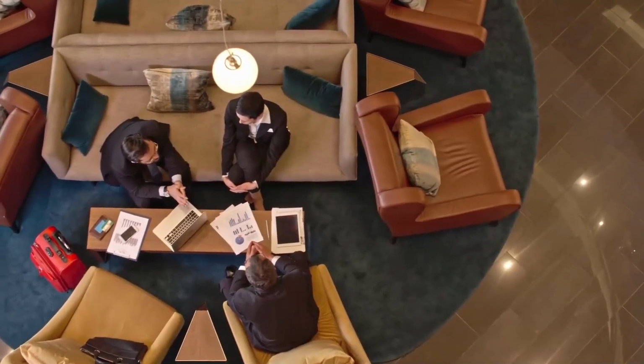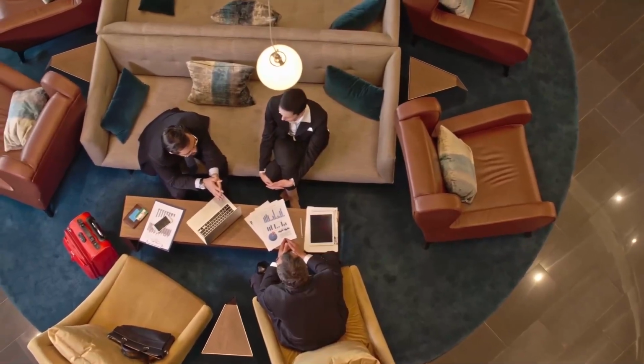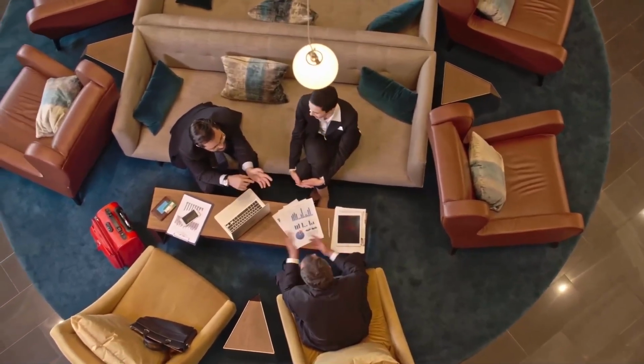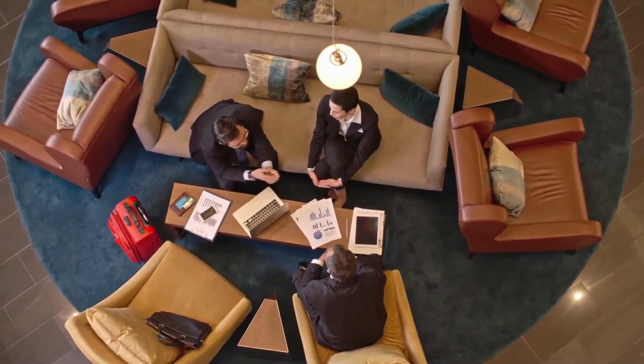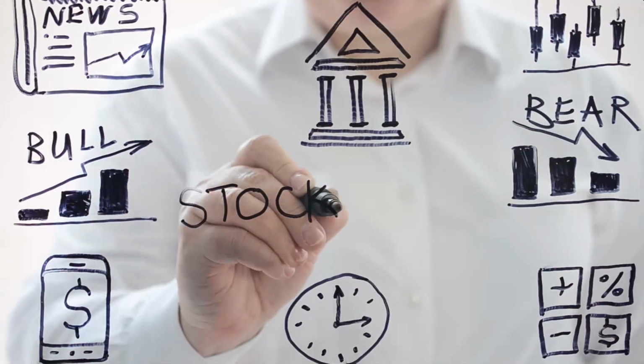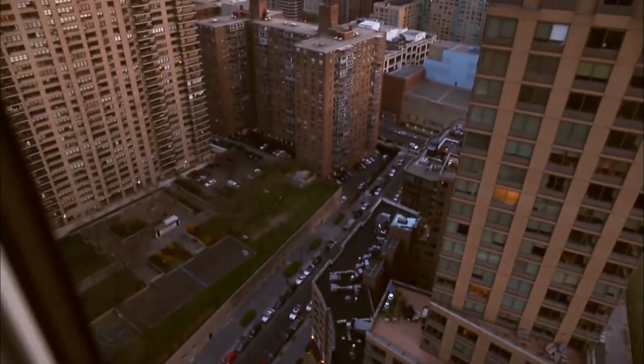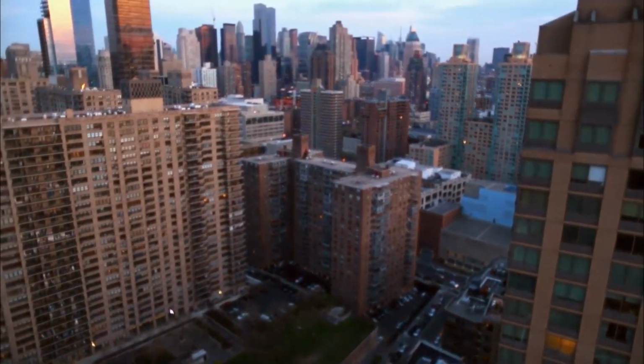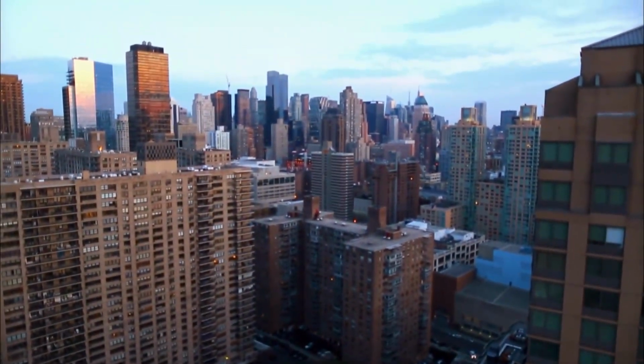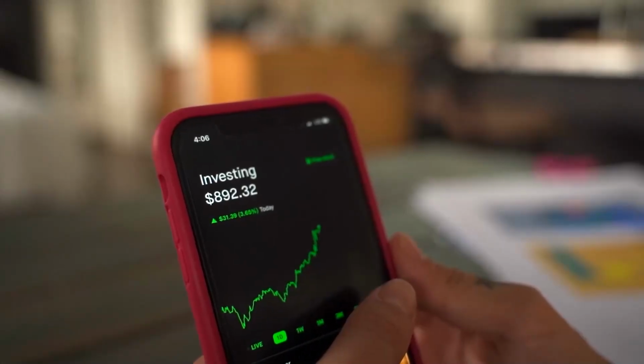Let's take a look at the most popular investment products on the market. These are the products you probably will use during your first year of trading. Stocks. When you invest in a stock, you become one of the owners of a corporation. Stocks represent ownership shares, also known as equity shares.